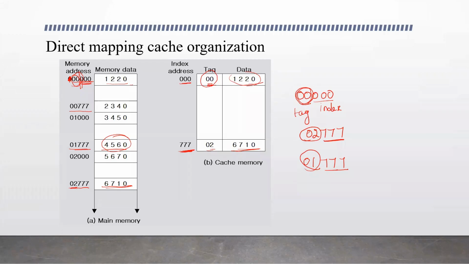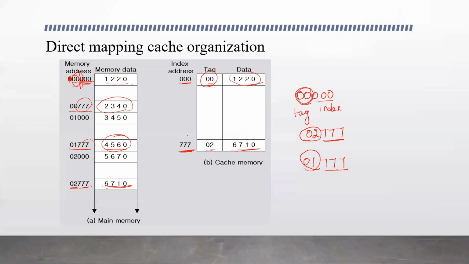Here 6710 has 777 as the index address, and even this 4560 has the same index address, and this 2340, if you take this, also has the same index address. So when data has the same index address but different tags, it is difficult to search those data.